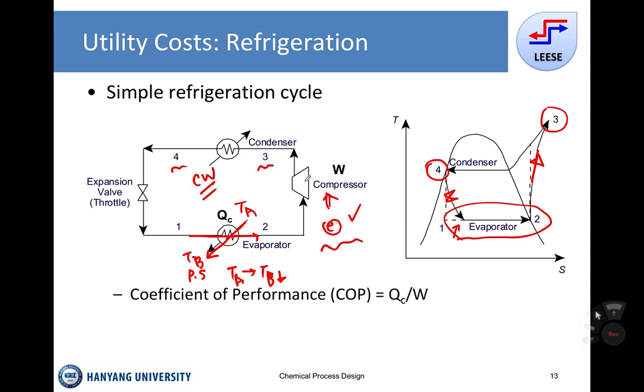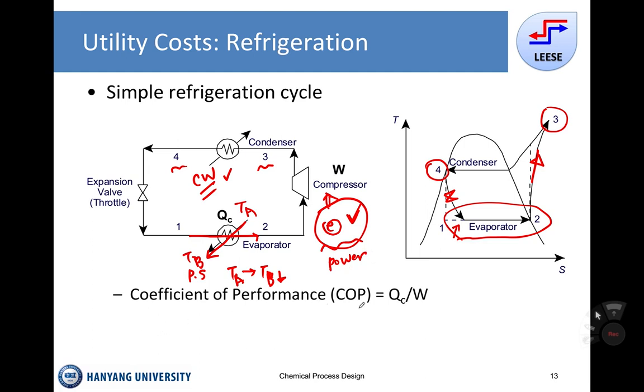So we need two elements in estimating the cost for refrigeration. One is cooling water, the other one is electricity, okay, power. But compared to power, cooling water is very cheap. So we are only considering power cost for estimating the refrigeration cost.